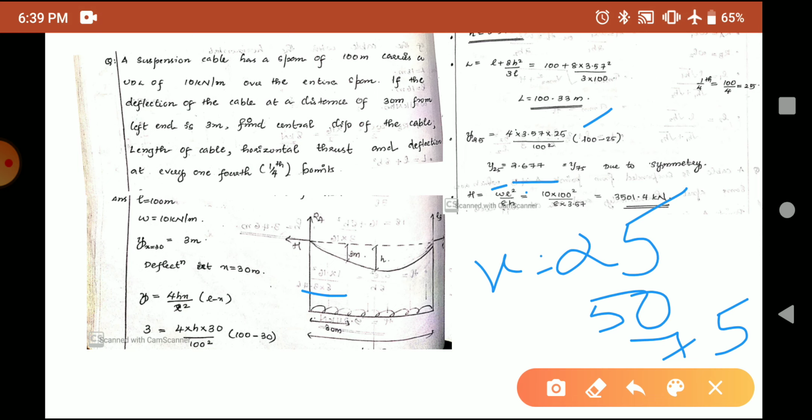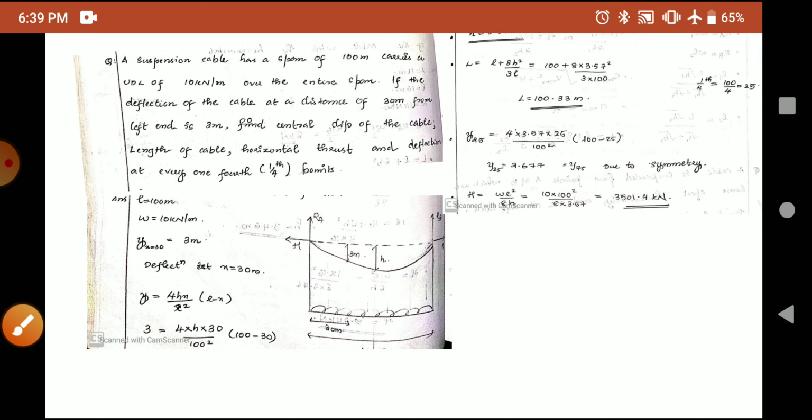Since it is a symmetrical condition, the deflection at 25 meter from the left end will be the same as the deflection at 25 meter from the right end. Or you can assume that for x equal to 25 and x equal to 75, the value of y is the same, 2.667. Now x equal to 50 means the central portion, and we have already found the deflection there as small h. So we have found the deflection at all the required points.